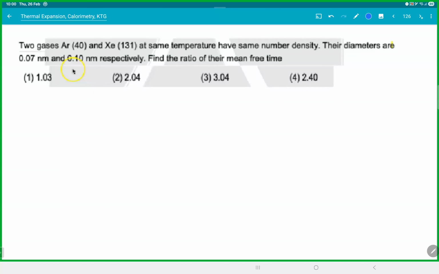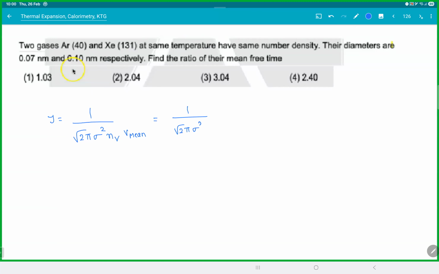So what makes this question good, right? People do this thing. They're asking for mean free time, so tau is equal to 1 by √2 pi sigma square v mean. So people think, okay, you said same temperature, and you said the molecular diameter is changing, so sigma is different here. So this is the catch here.